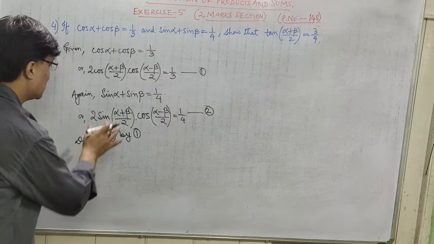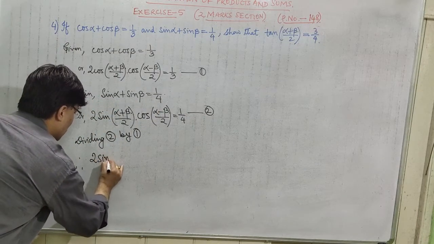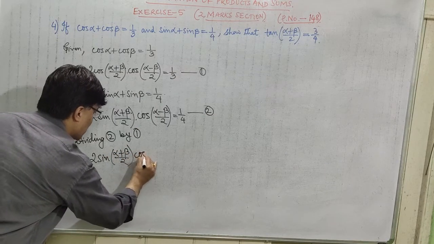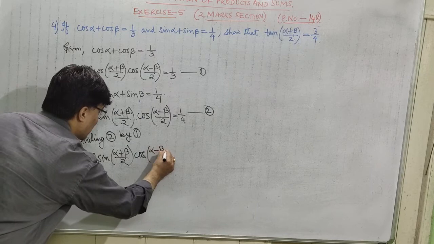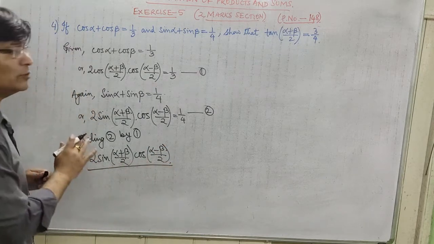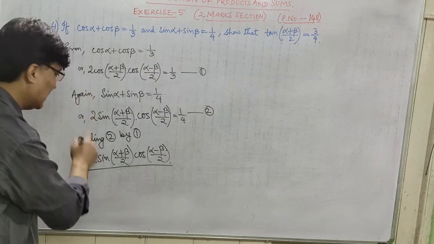So let us write left hand side of number 2 in the numerator. That is 2 sin of (alpha plus beta) by 2 cos of (alpha minus beta) by 2 whole divided by, in the denominator, what will you write? You have to write down left hand side of number 1 in the denominator.